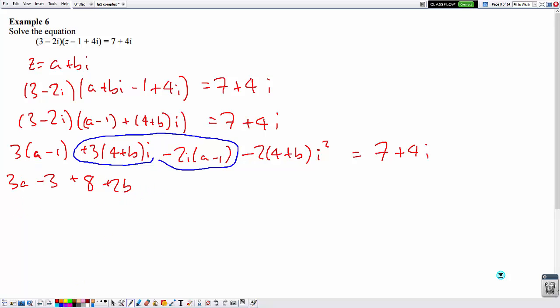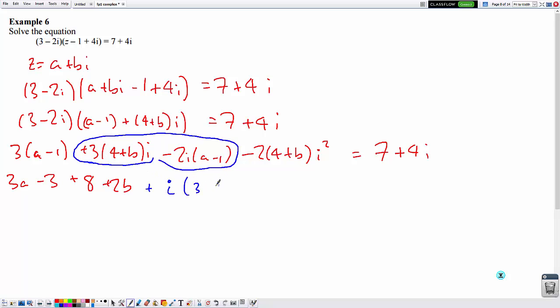Before simplifying, let's finish this off. I'm just going to factorize out the i. It shouldn't be equal, sorry. So let's write it as i, and let's put a plus there. What do I have in here?